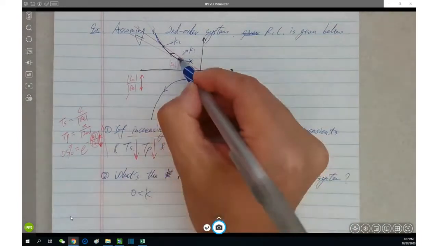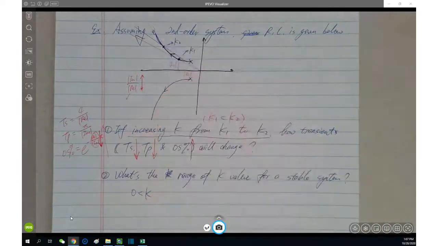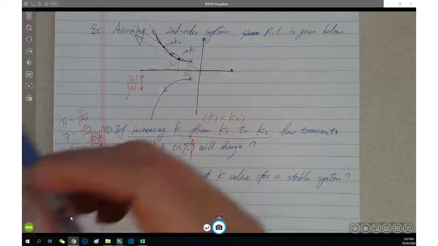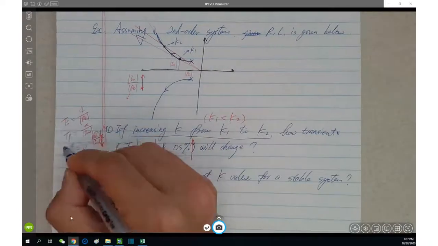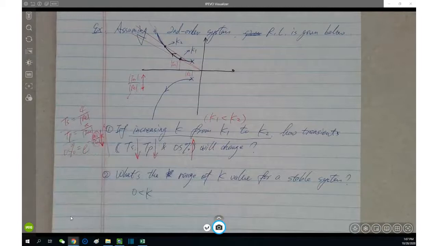This is point 1, this is point 2. They correspond to different poles, and therefore different K values. So from 1 to 2, what's the difference in terms of the Ts, Tp, and overshoot? We can judge this. And also we can tell a range of K to make the system stable.